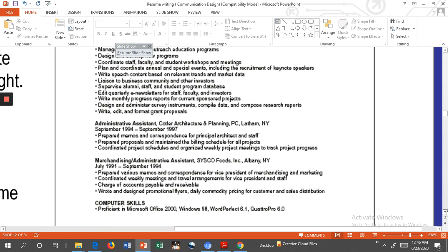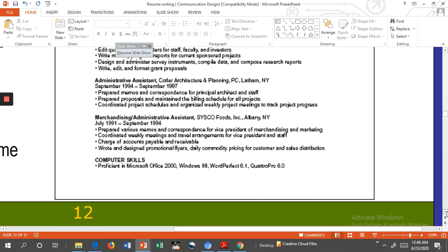Then comes computer skills, proficiency in Microsoft. So you've got to mention the skills. And please, students, let me tell you one more important thing. If you are an experienced candidate, then you can de-emphasize your educational background, and you can bring it at the end before the skills.